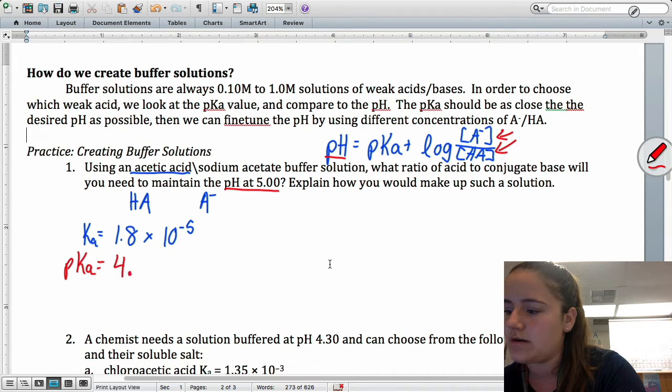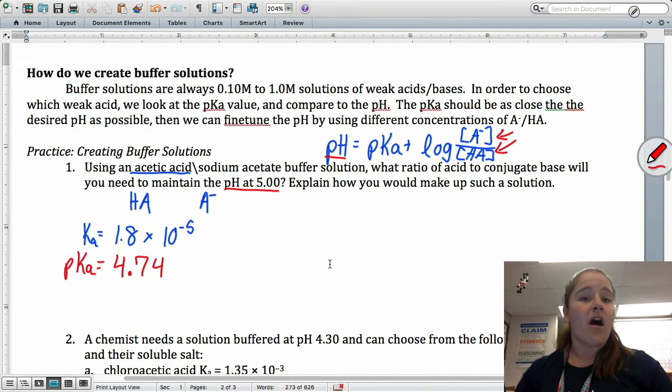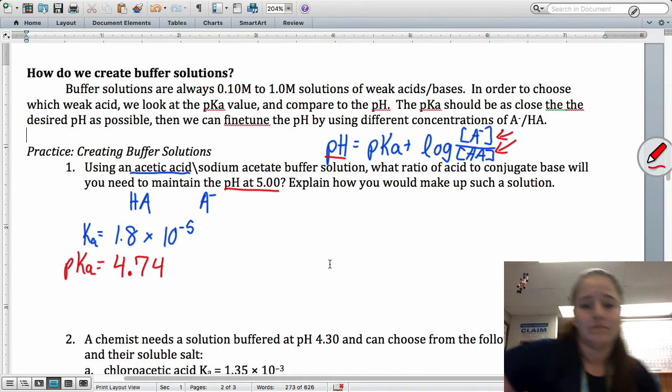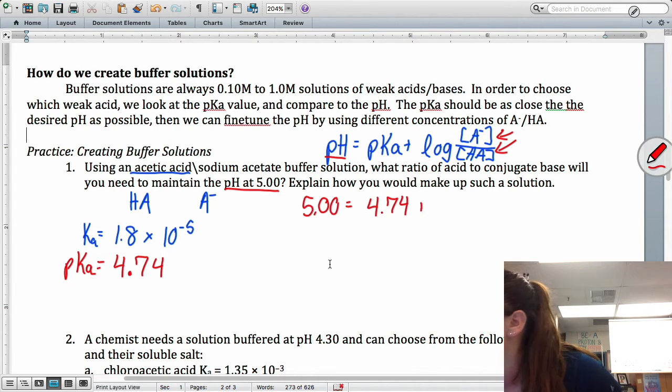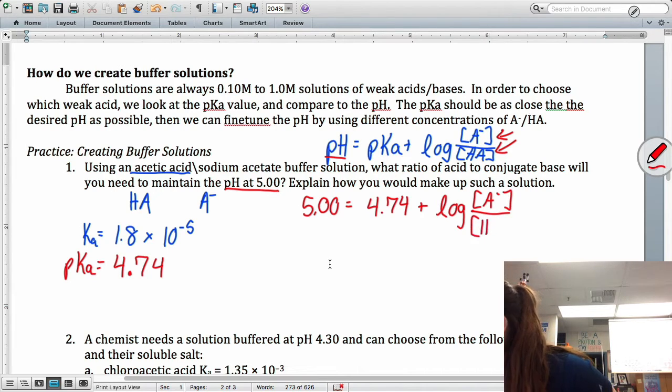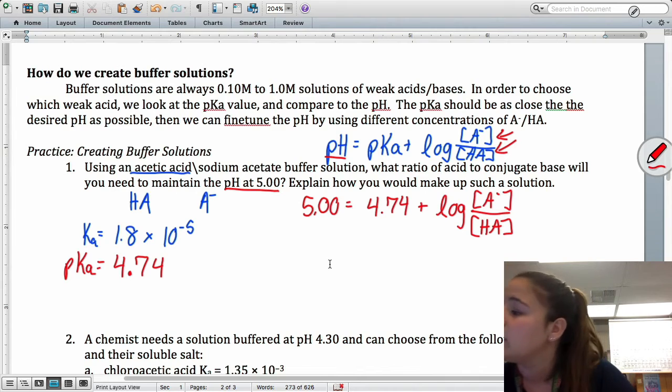So 4.74. Now all it is is an algebra problem. We want our pH to be 5. Our pKa is 4.74, plus the log of our A minus over HA. So let's solve for that ratio.